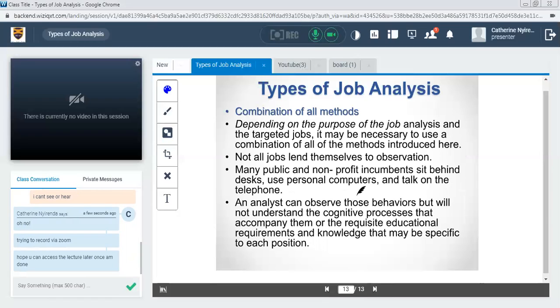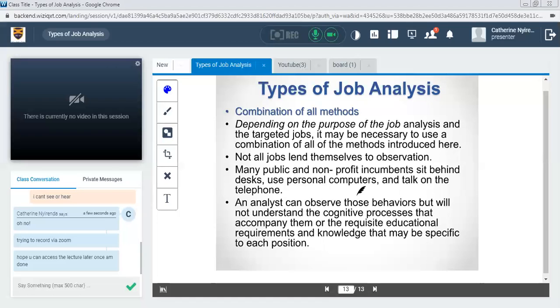The last type of job analysis is combining all the methods. Depending on the purpose of the job analysis being conducted and the targeted jobs, it may be necessary to use a combination of all the methods we mentioned, that is observation, interview, and questionnaire.